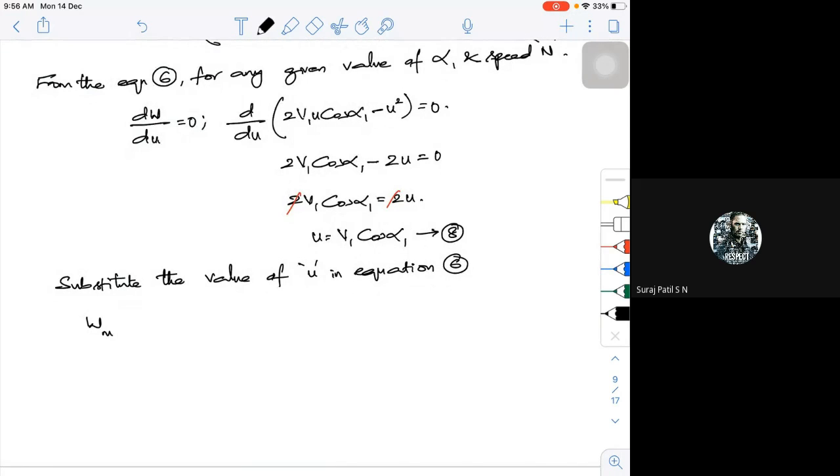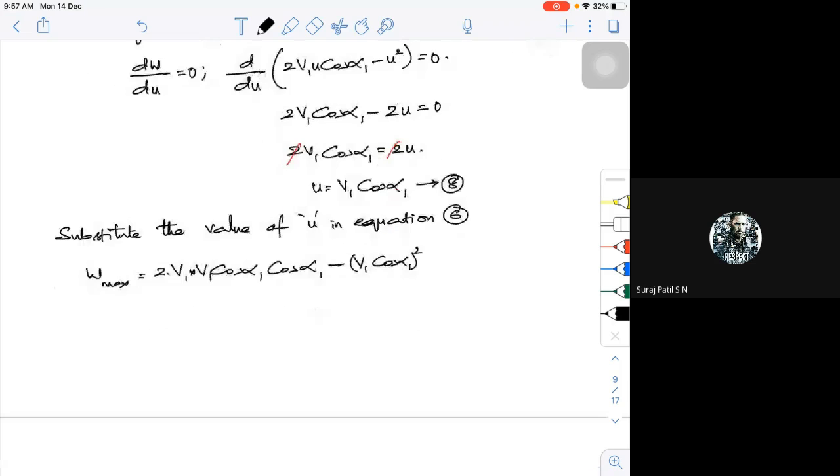That is, W max is equal to 2 times V1 U cos alpha 1, where U I will write as V1 cos alpha 1, then one more cos alpha 1, minus V1 cos alpha 1 square. This is the expression I have.